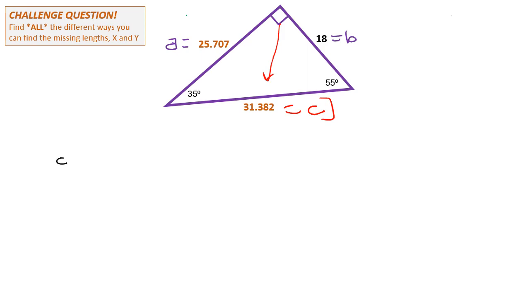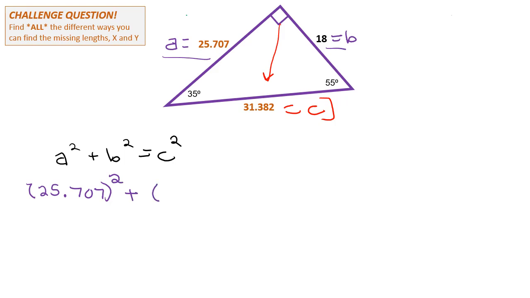So we have A squared plus B squared equals C squared. That's our Pythagorean theorem. I'm going to plug in these numbers. So first I have 25.707 squared plus that B at 18 squared equals our hypotenuse at 31.382 squared.